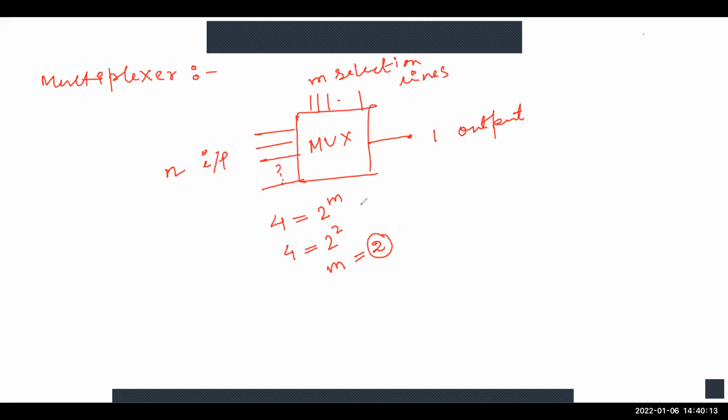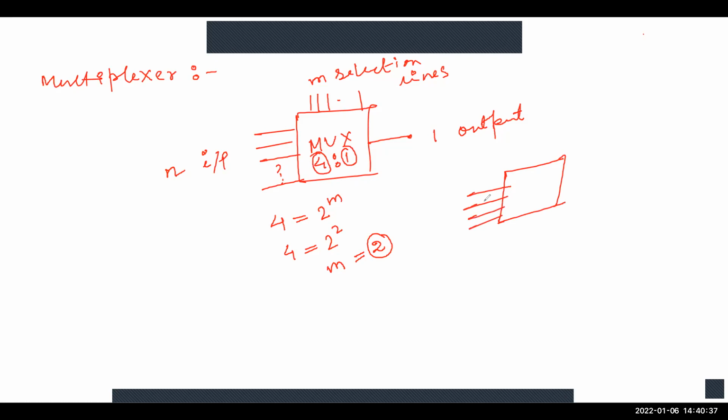Suppose this is a 4 into 1 MUX. This 4 is for the input lines and 1 is for the output. Suppose these are 1, 2, 3, and 4.